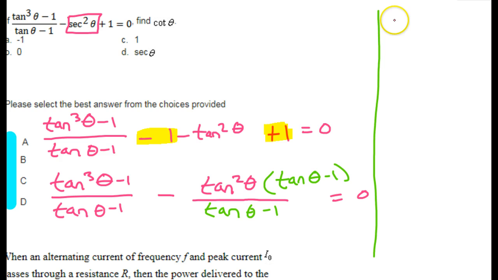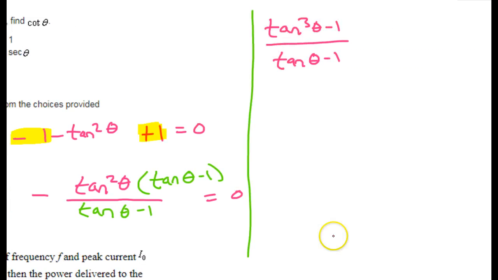Okay, so here we go. I'm going to have tangent cubed theta minus 1 over tangent theta minus 1, minus, and then up in the numerator here, I'm going to have to distribute this. So what am I going to have?